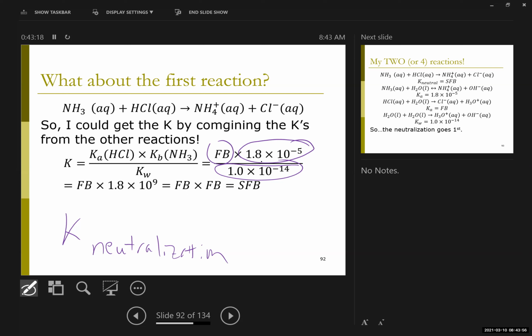Or if you prefer, it's 1.8 times infinity. So it's more infinite. Or if you prefer, and I do, it's super friggin' big.